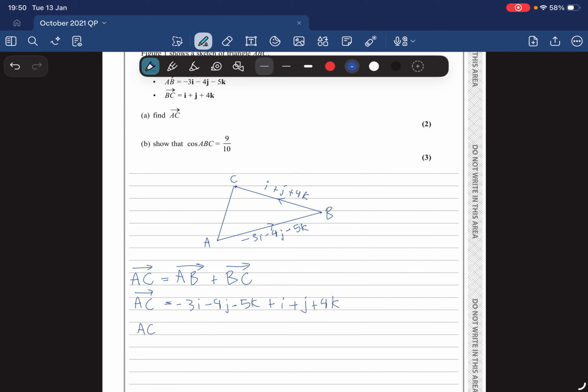That in turn gives you the answer minus 2i minus 3j minus k. That's A to C, 2 marks, easy.